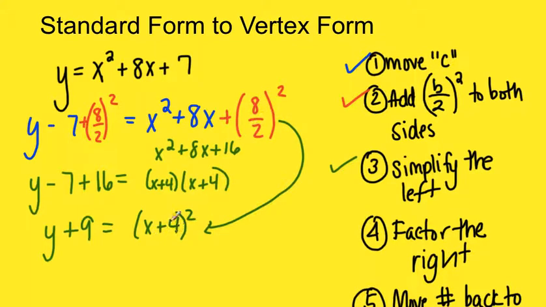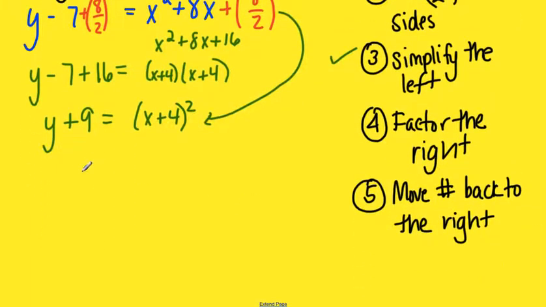But if you take that to 16 and then factor this trinomial, you would have x plus 4, x plus 4. Now to change that to vertex form, you just move the number back to the right. So you would move the 9 and you'd have x plus 4 squared, subtract 9.